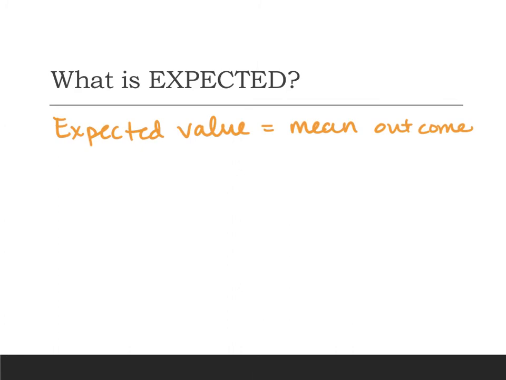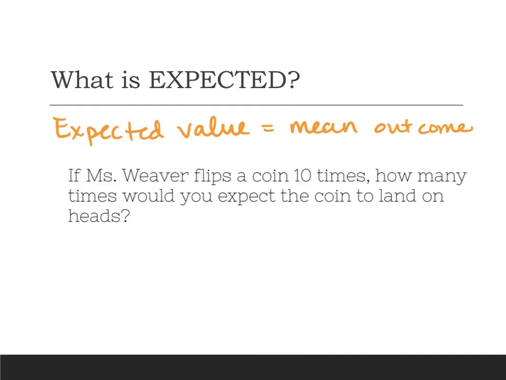So, for example, just without even having to have a formula or an idea of what we would need to do for it, I bet we can figure out some expected values or means for some probability situations. So, if I were to flip a coin 10 times, how many times would you expect that coin to land on heads? Well, of course, if you just think in general, what do we expect happens when we flip a coin?